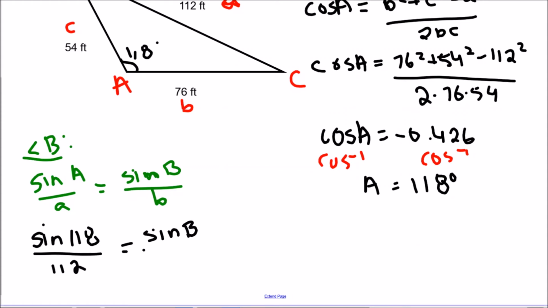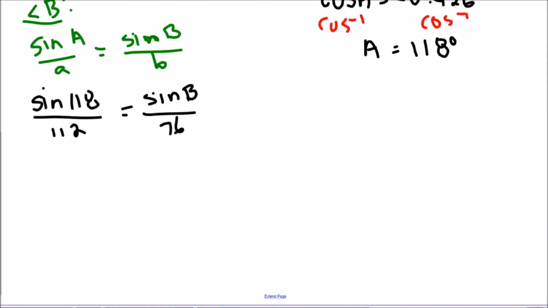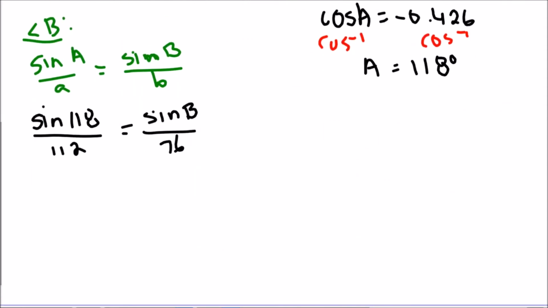B is my unknown, over 76. We want to be careful with using sine law because we still could create that ambiguous case. Even though we know, right, from using cosine law, there's only one option for angle A. If we had found a different angle first, sine law could cause us some problems. So be careful using sine law. Always check for that ambiguous case.